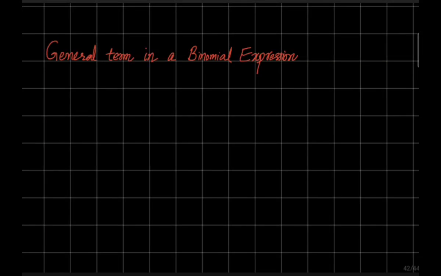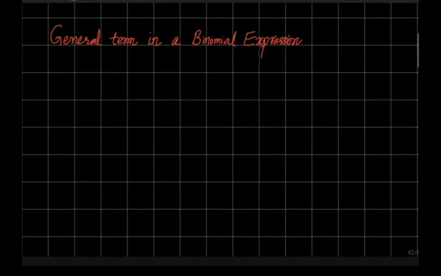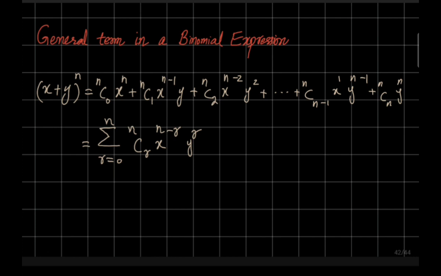In the last video, we have studied binomial expansions of the form (x + y)^n, which is given here. In this expression, you can see there are n + 1 terms for power n.